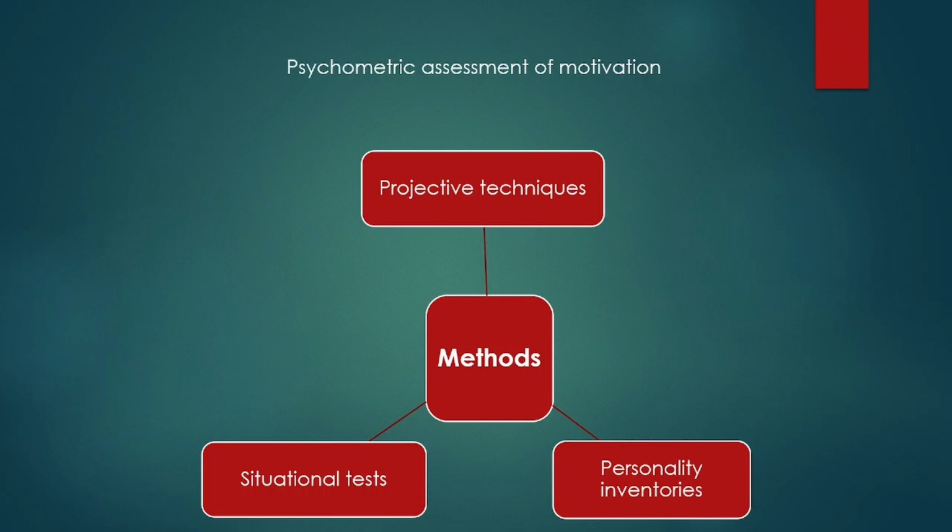Then the subject projects his or her own needs into the behavior of the character. Finally the psychologist identifies the needs they projected and judges from the number of related items in the story. That is the projective technique.